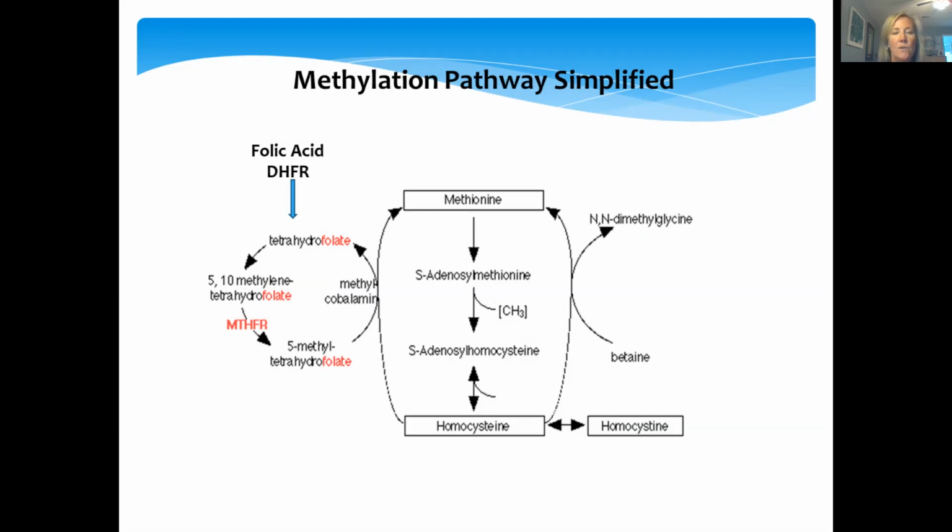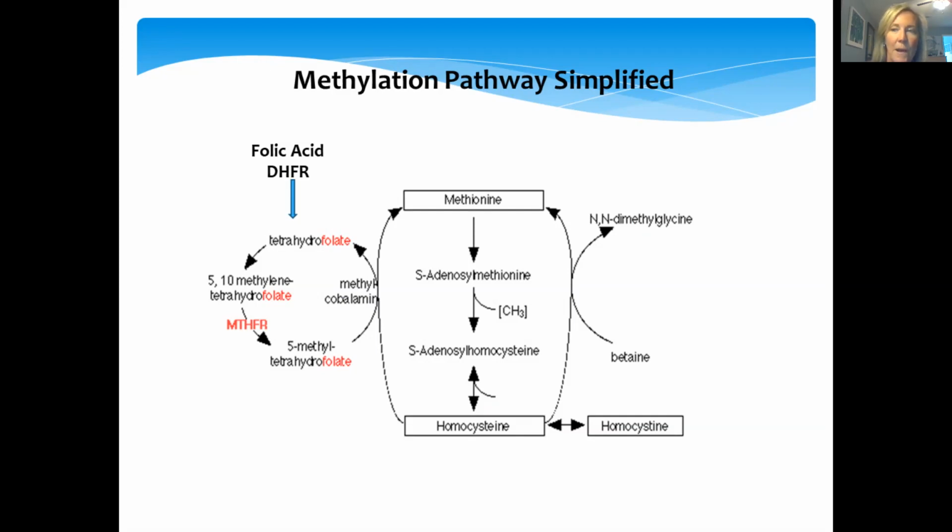You take that and then use methylcobalamin, which is methyl B12, and that recycles the tetrahydrofolate. But in doing so, it creates methionine, which is an amino acid that is essential to multiple processes in the body. But then methionine goes to S-adenosylmethionine, then S-adenosylhomocysteine, and then homocysteine.